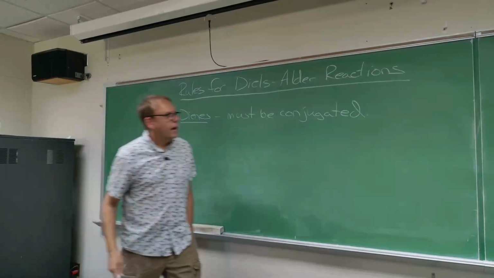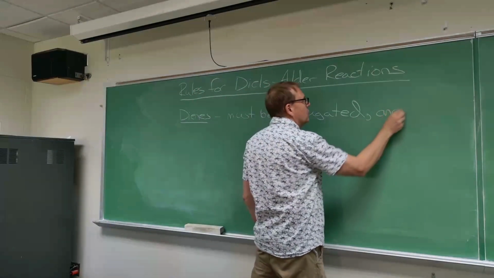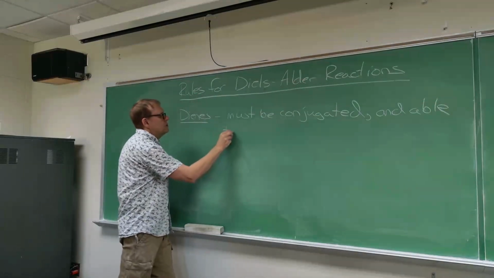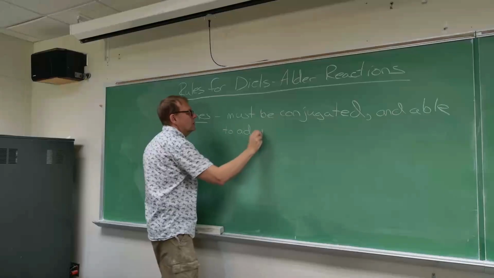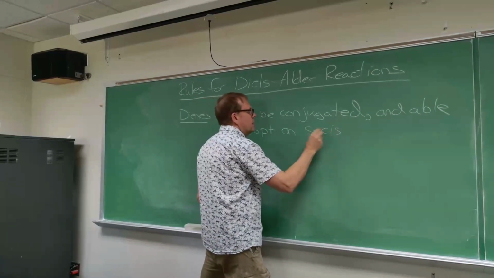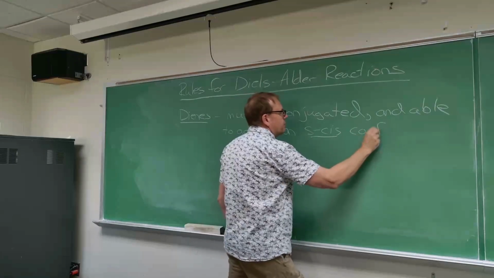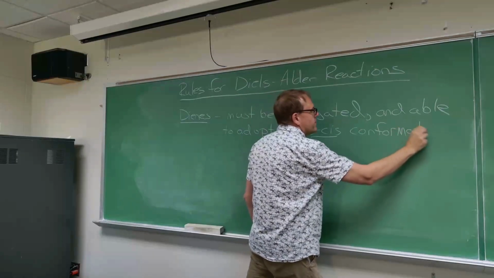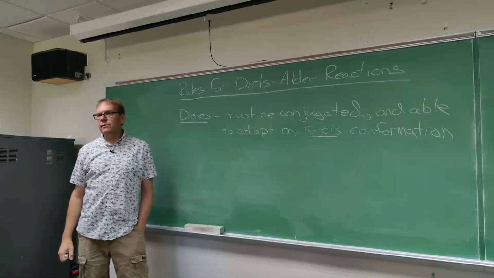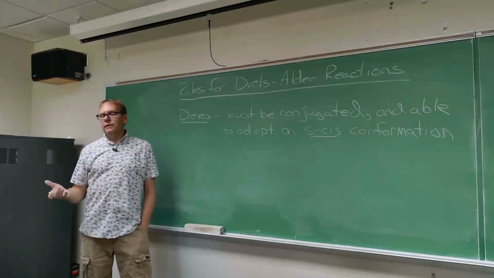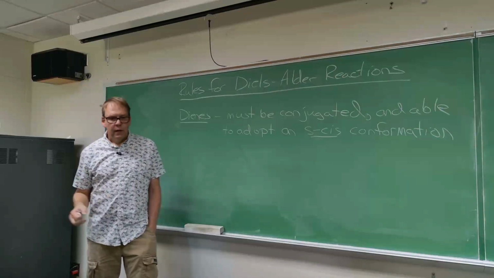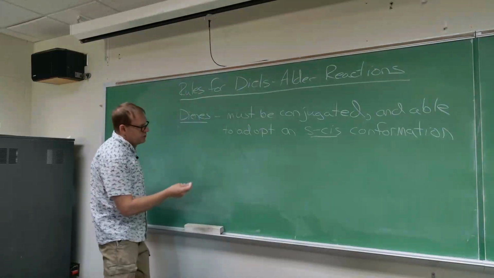It has to be conjugated and able to adopt an s-cis conformation. So this is the reason we were going on and on about those dienes earlier, is that the ability of the diene to adopt an s-cis conformation directly impacts its ability to do Diels-Alder reactions. So let me show you a few dienes to illustrate this point.